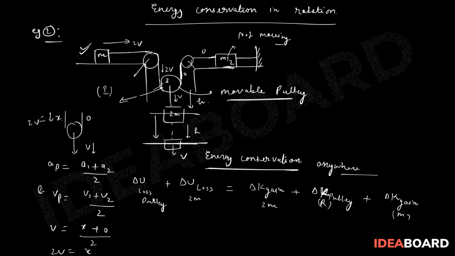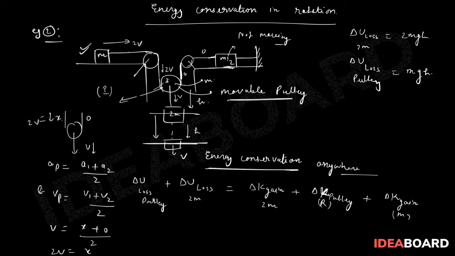Delta U loss for mass 2m would be simply 2mgh. Delta U loss for the pulley: let us take the pulley's mass as m, then it will be mgh, correct?